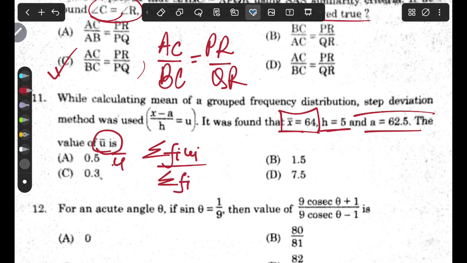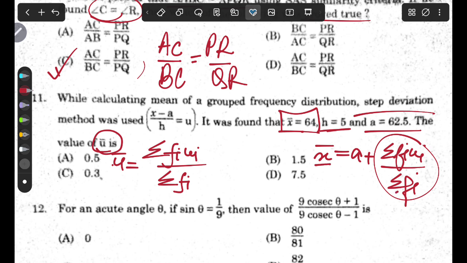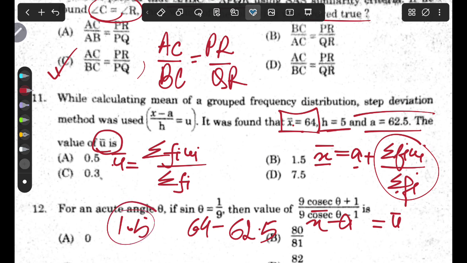We know x bar is going to be A plus sigma fi ui upon sigma fi. We are given this and this, so we can apply mu is equal to x bar minus A. 64 minus 62.5 is 1.5. So B comes out to be the answer.